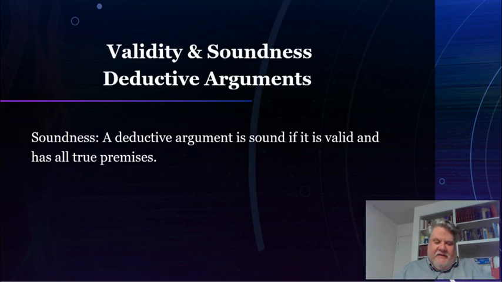So an argument is sound if both of those conditions obtain. And of course, since we know that the conclusion of a sound argument is true, if we have set it up in the right way, if it's valid, and we've confirmed that those premises are true, we can know that conclusion with certainty.